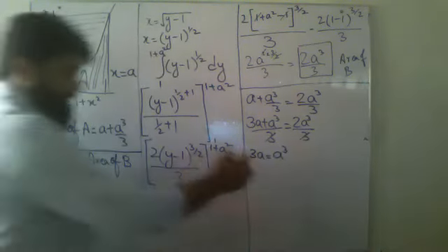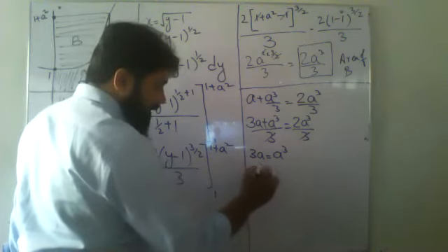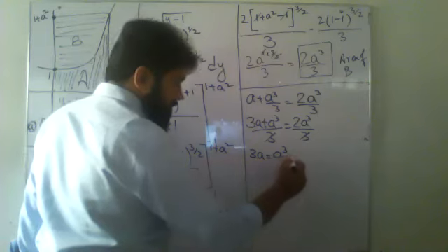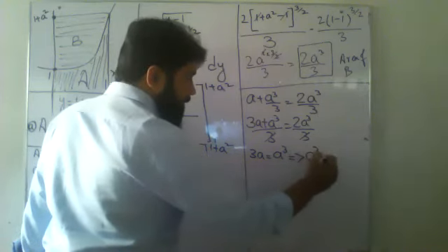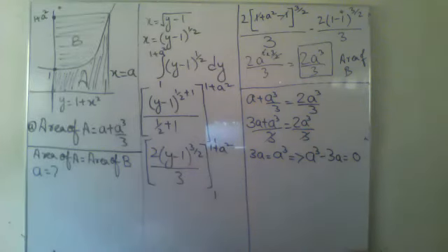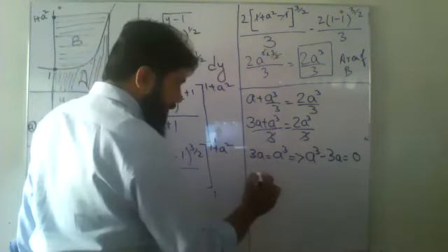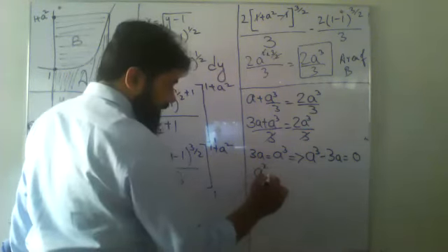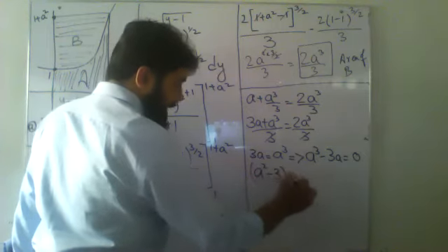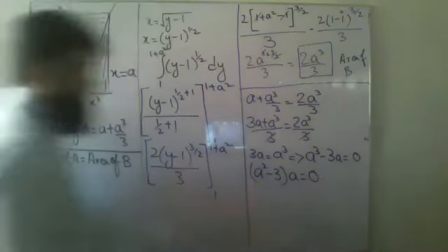Simplifying it further, a cube minus 3a equals 0. Now I can take a common: a times (a square minus 3) equals 0.